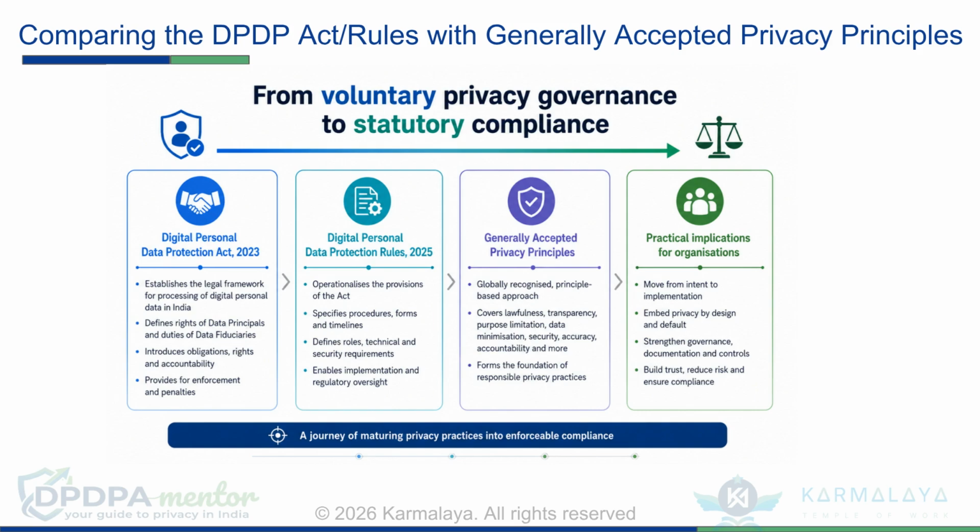The purpose is not to suggest that GAPP replaces the DPDP Act. Instead, GAPP can serve as a governance and implementation model, while the DPDP Act and rules establish legally enforceable obligations. The comparison focuses on practical areas such as notice, consent, purpose limitation, data quality, individual rights, security, third-party processing, retention, accountability, and enforcement.